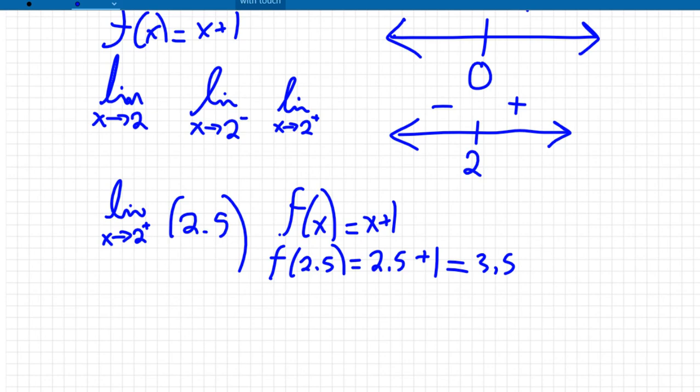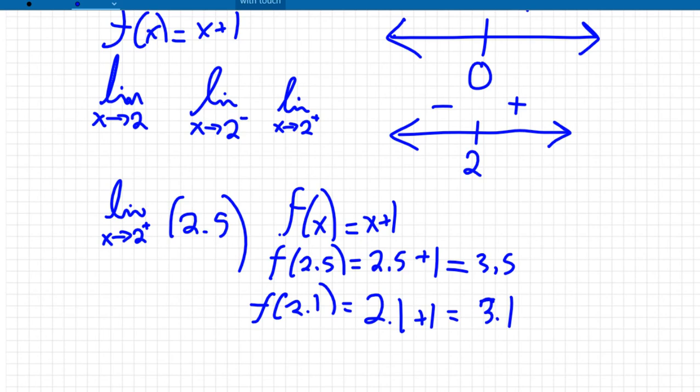But the thing we want to note is what happens when this value that we're plugging into the function gets closer and closer to the limit, which in this case is 2. So we want to pick a number less than 2.5 but greater than 2. So we'll go ahead and put 2.1 in. And that'll give us 2.1 plus 1 equals 3.1.